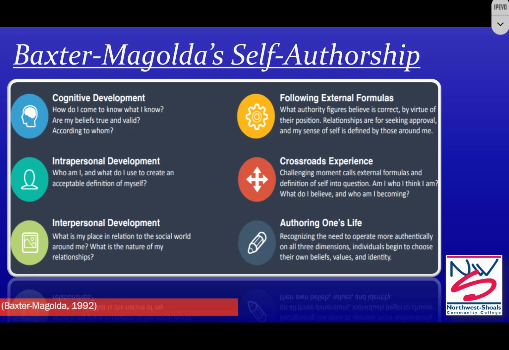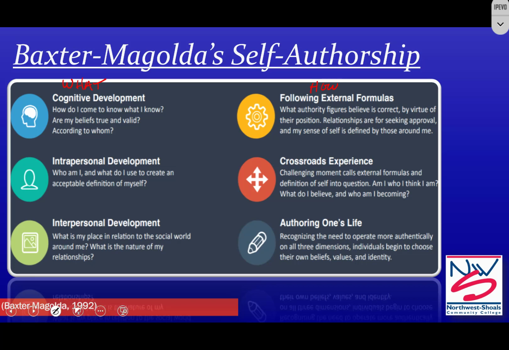study. So self-authorship is really divided into two questions. What are we developing, and how are we developing it? So the left side over here, you have what are we developing: cognitive development, intrapersonal, and interpersonal. If you've noticed, you see a lot of the same things repeating themselves over and over here with cognitive, intrapersonal, interpersonal.